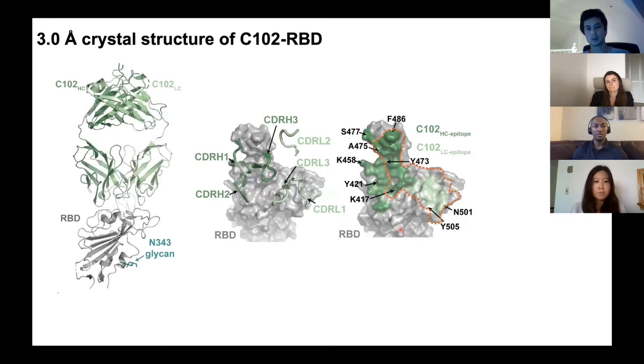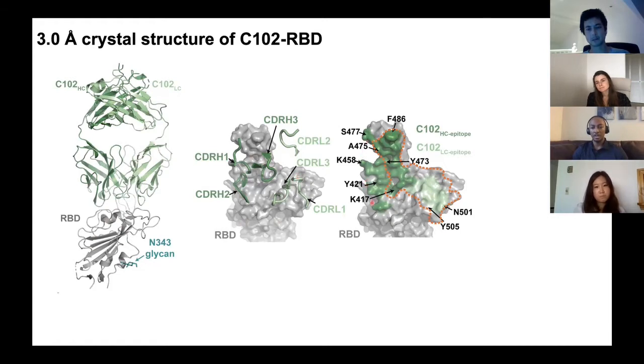So we first determined the crystal structure of this antibody C102 attached to its target, which was in this case the RBD. This is the crystal structure shown here, where you see the Fab of the antibody C102 in green, and the RBD shown here in gray. Not to go into many details, but we can see the different loops responsible for interacting with the RBD, which makes up this footprint for the epitope.